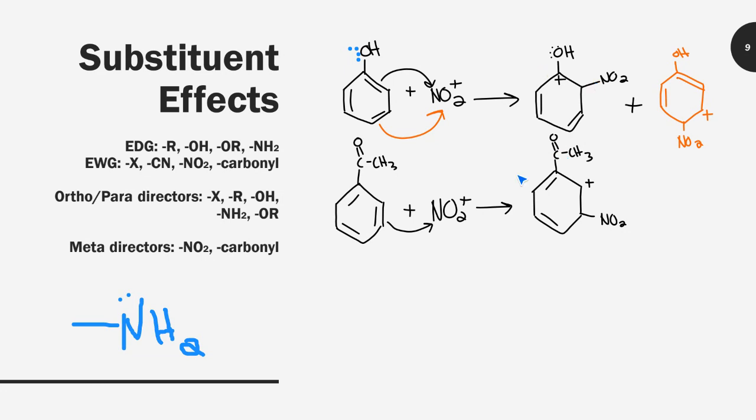Our goal in making these intermediates is just to make the most stable one we can, and it would be particularly unstable if the positive charge ended up on that C1 carbon with the EWG on it. Following me?